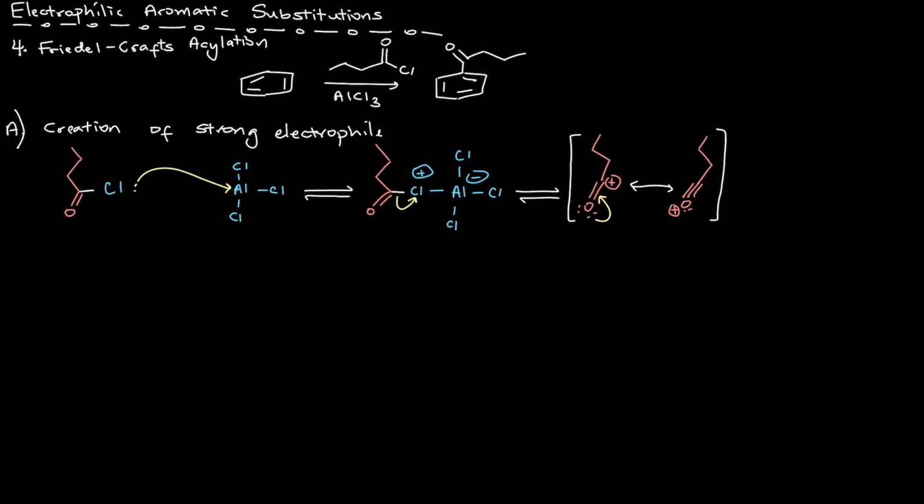And this is the resulting resonance form that you can draw. This ion is called an acylium ion, and that is the strong electrophilic reagent that is actually in the flask when you're trying to react this benzene in this particular reaction. And the AlCl4 minus is actually going to be your base as you keep moving through the reaction.